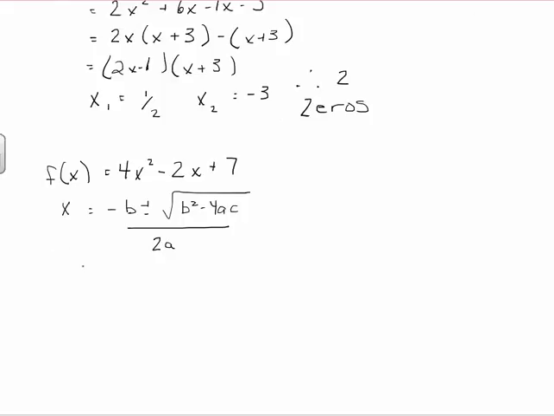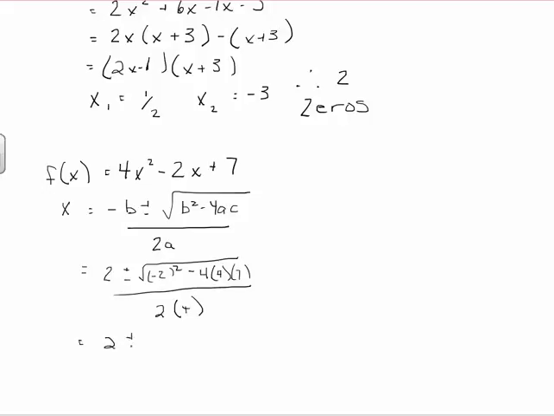Alright, so let's continue with this question. We're going to quickly substitute in. So we're going to have positive 2 there, because I substituted in negative 2, plus or minus negative 2 squared. Then we're going to do 4 times 4 times 7, all over 2 times 4.